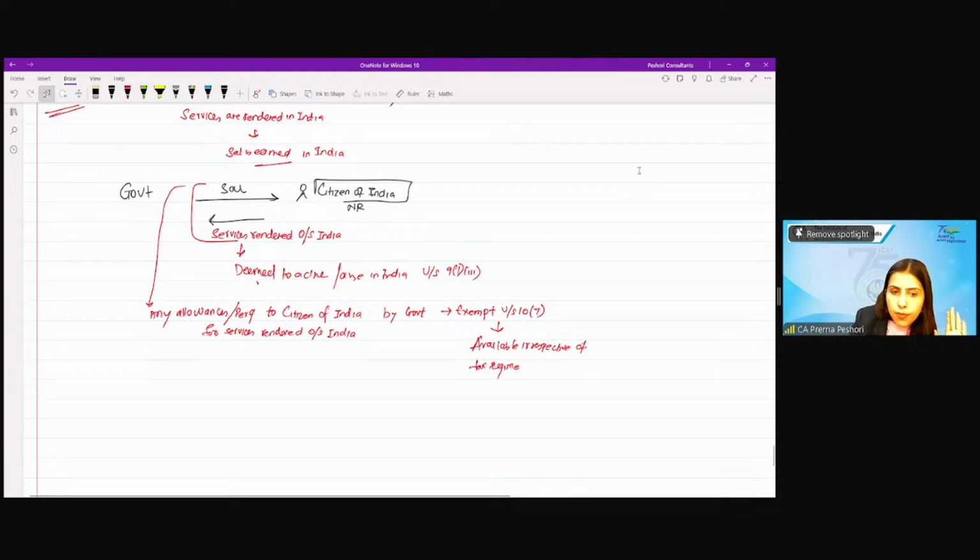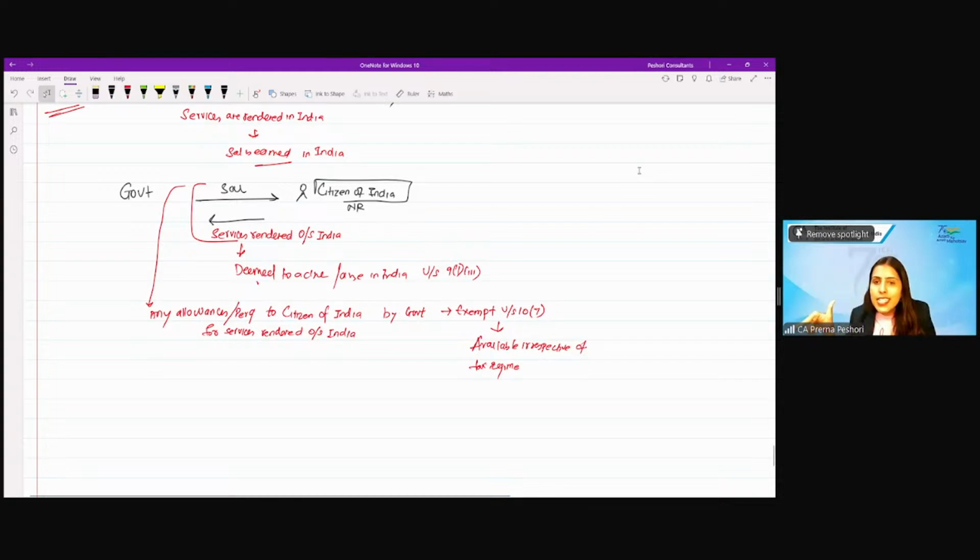Yes or no? So let's say, for example, there are the embassies which are operating in different countries. The Indian government has embassies in all the countries, and usually citizens of India are employed in those embassies. For example, there is an Indian citizen who is an employee of the Indian embassy in the UK.